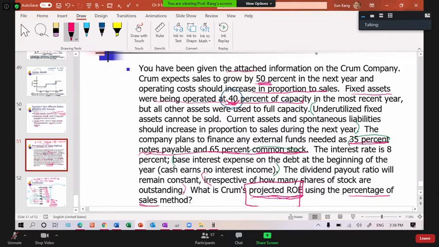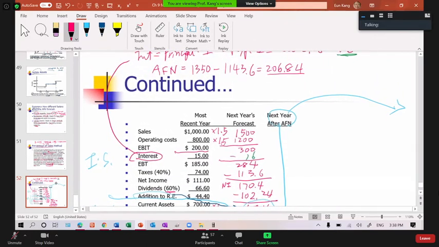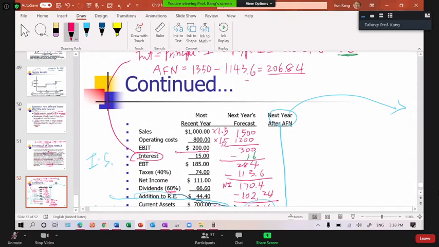So from here, 206.84 times 0.35, that is 72.394. And that is for notes payable.